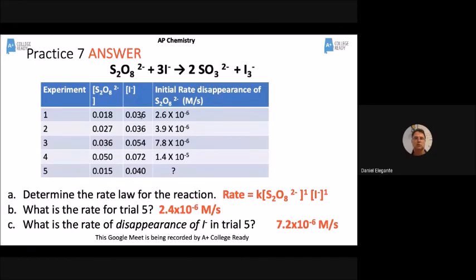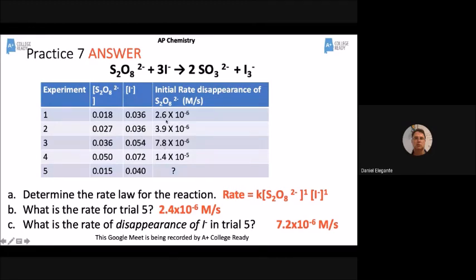So we can do the math and say the S2O8 is going to double, which means the rate will double. And then when we go from 0.036 to 0.054, that's basically like saying it speeds up at 1.5 times that speed, right? Because that goes up by 1.5, and this one already doubled.